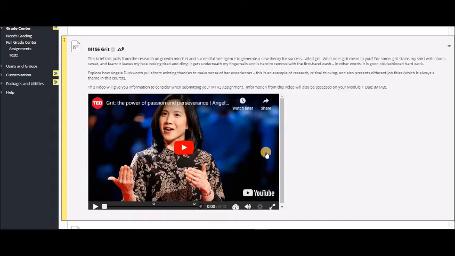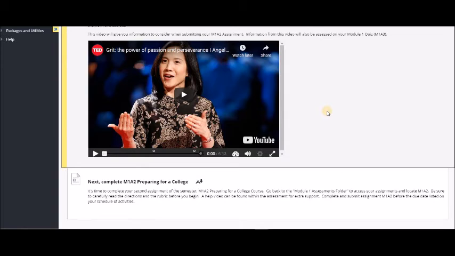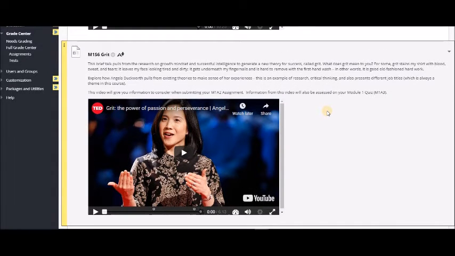We still don't know exactly what it is, or how you get it, or how we teach it or beat it into you, but it's called grit. And students with grit are going to be more successful than students without grit. So I would encourage you to think about growth mindset and grit an awful lot, because it is going to make the difference between you being successful or not.